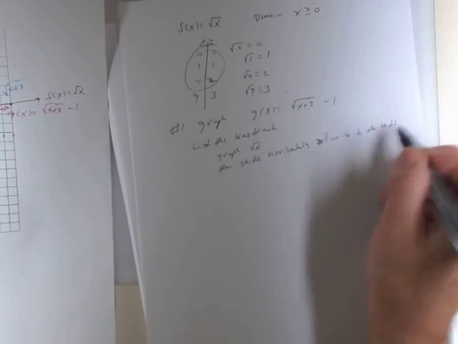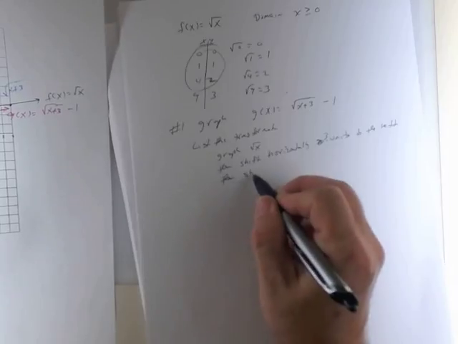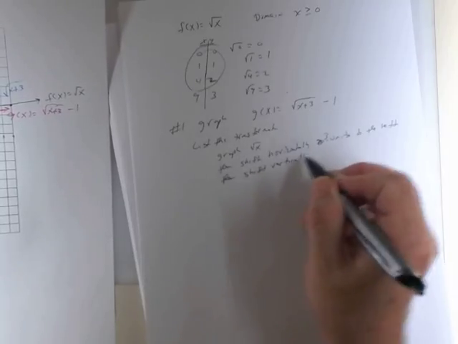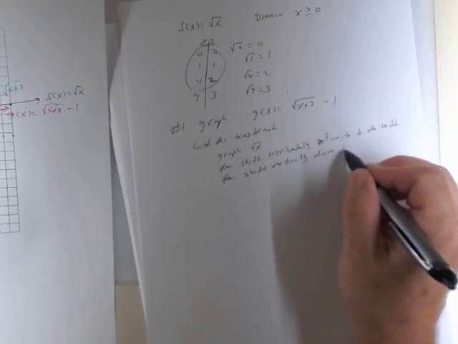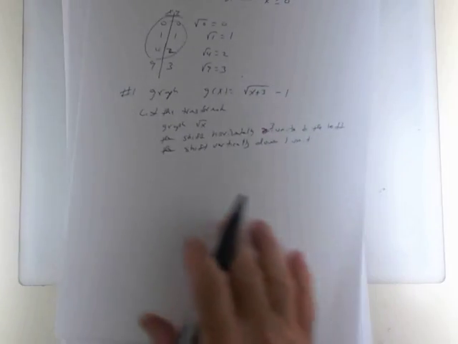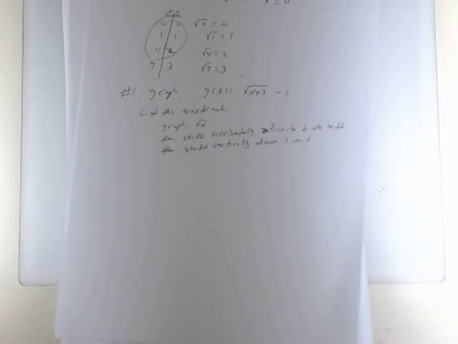To the left, then shift vertically down 1 unit. And that's what you would say. Okay?